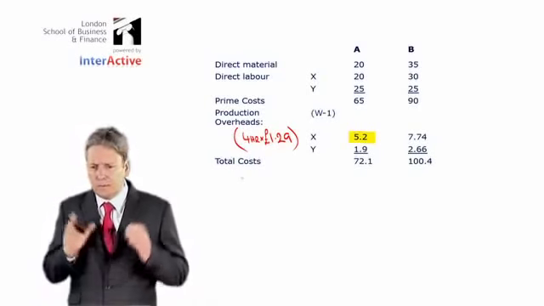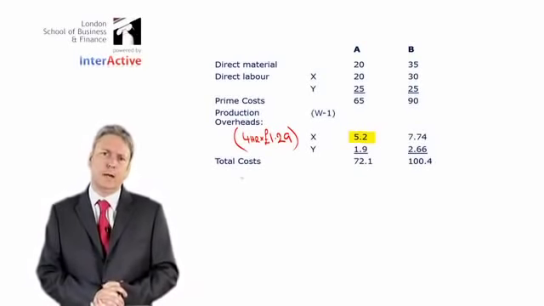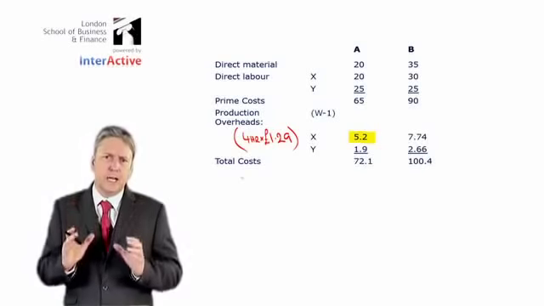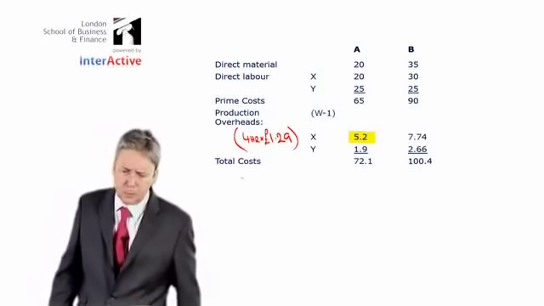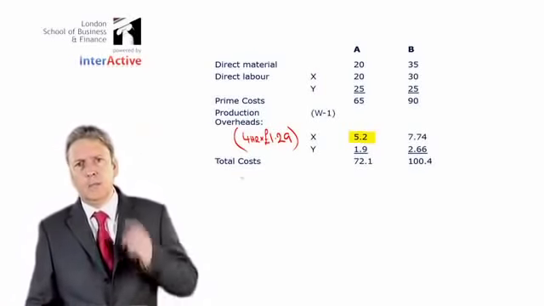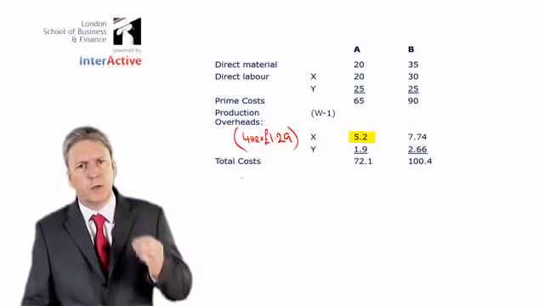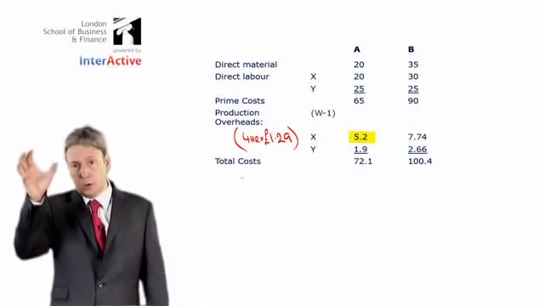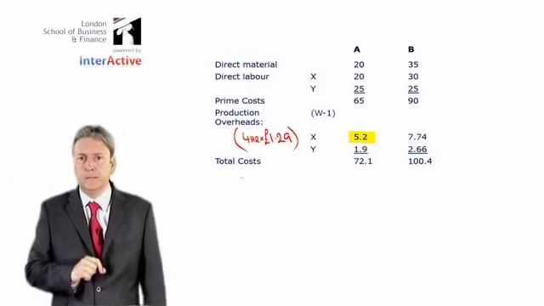And you may have noticed I'm not very excited about absorption costing. It's very difficult to get excited about absorption costing. But these are the basic mechanics that you have to be able to do. If you haven't come across absorption costing again, I must ask you to work through this question methodically, step by step on your own. That means I want you to first of all copy across your direct costs, easy peasy.